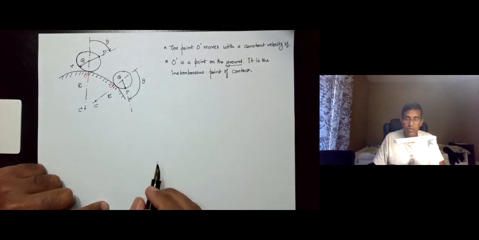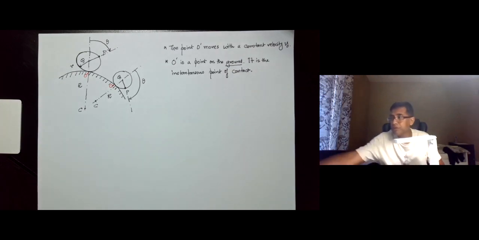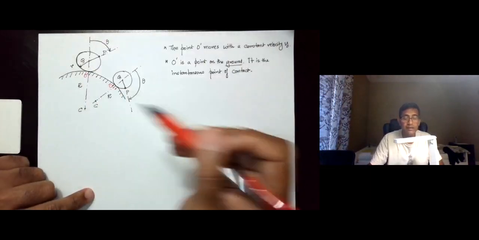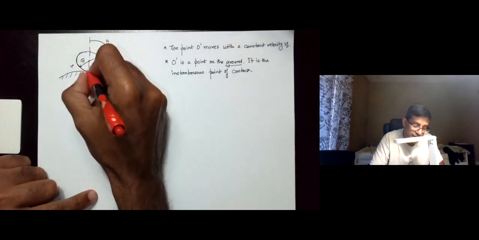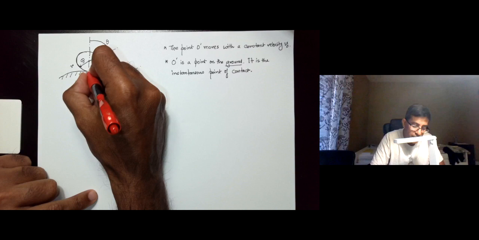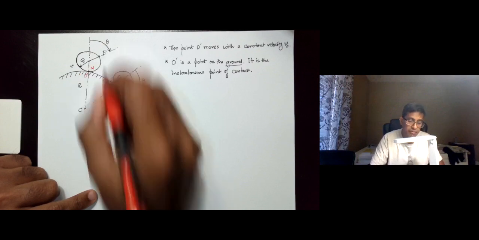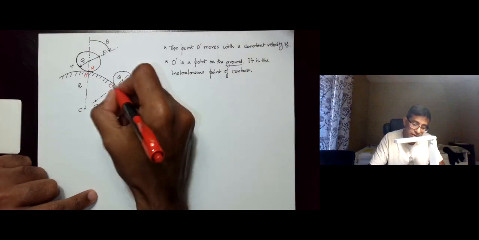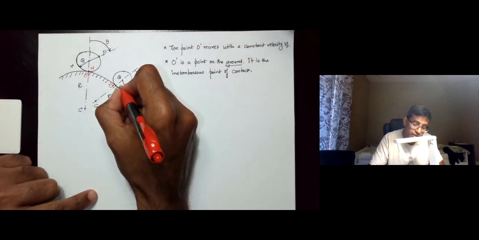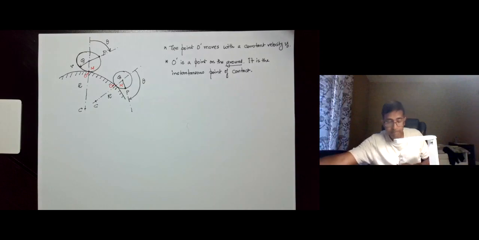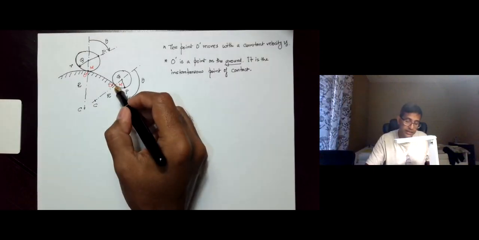Okay, so we shouldn't confuse the point O prime with the instantaneous center of this disk. The instantaneous center of the disk, let's denote that by M, is going to be located at the same point but on the disk. Similarly, the instantaneous center of the disk here is going to be shown here as shown.